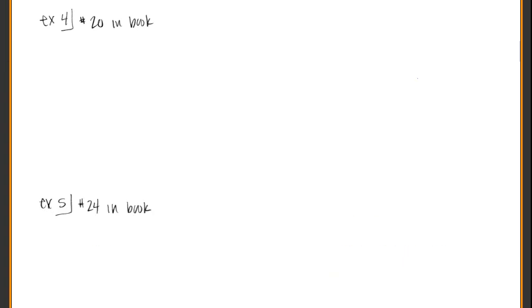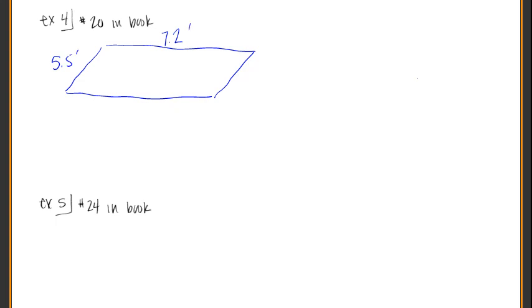Okay, so let's draw ourselves a picture. Here's a parallelogram, here's my rectangle, slanted off to the side, and I've got side lengths of 7.2 and 5.5, and I think they said feet. And then obviously we have a diagonal that could either come this way, or we could have a diagonal that can go that way.